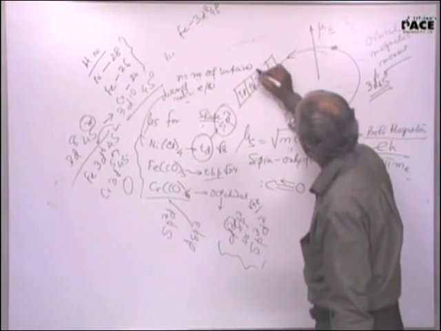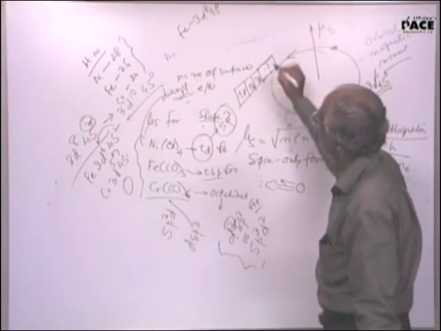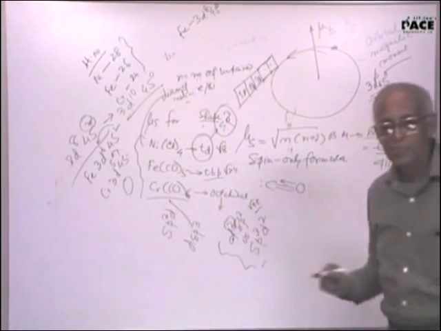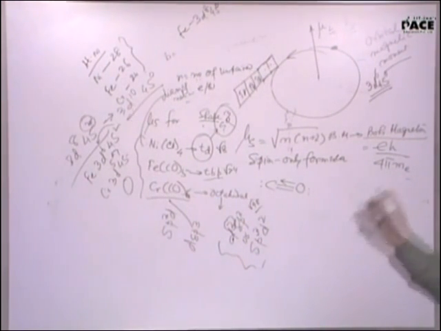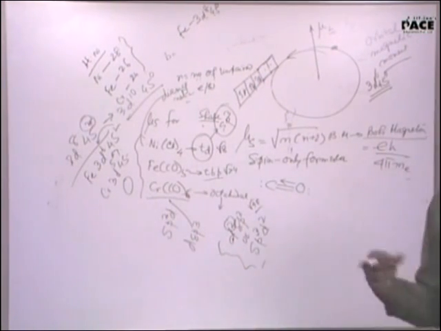Now I have 2 vacant d orbitals available for d2sp3. Unless I do that, I cannot get d2sp3 hybridization. To be octahedral, it has to be either d2sp3 or sp3d. If a lower energy d orbital is available, it will always be d2sp3, and if not, it will be sp3d.